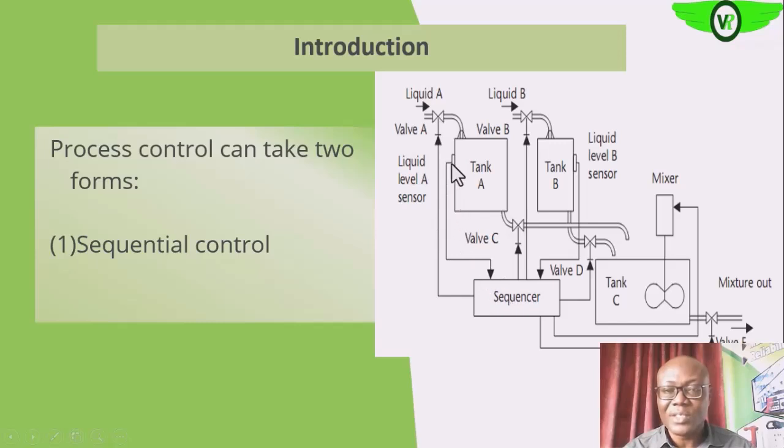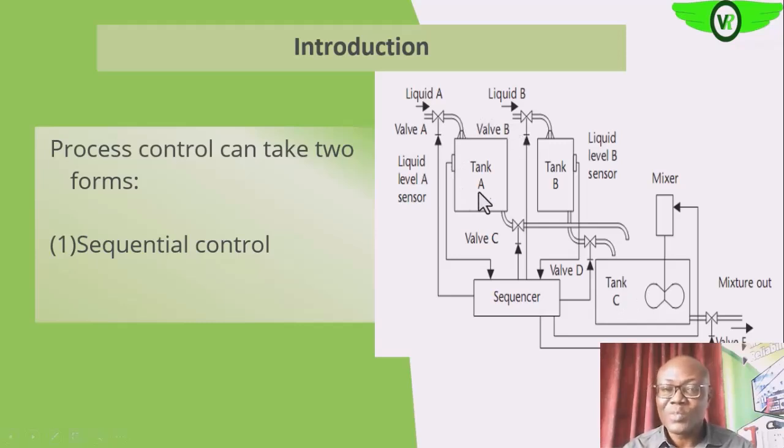You see the sensor, which is a level sensor, which means that a certain level must be attained in tank A and tank B before they will be allowed to flow into tank C for the next process to start.